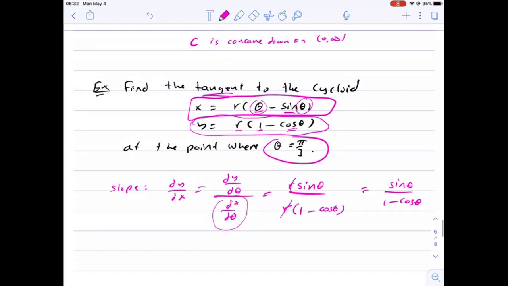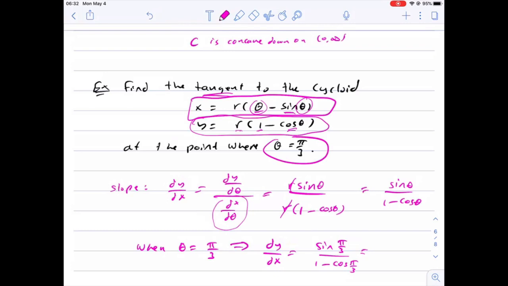Now, when theta is equal to pi over 3, we have the slope dy over dx equals sine pi over 3 over 1 minus cosine pi over 3.